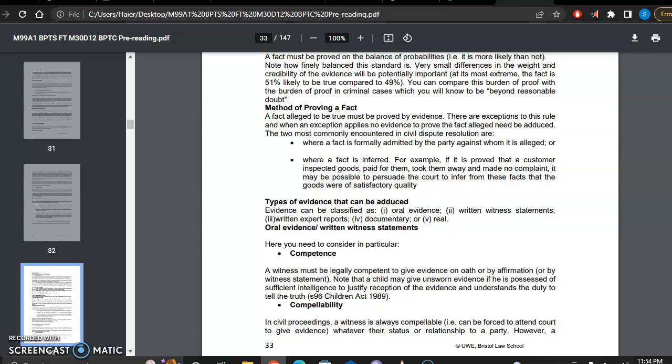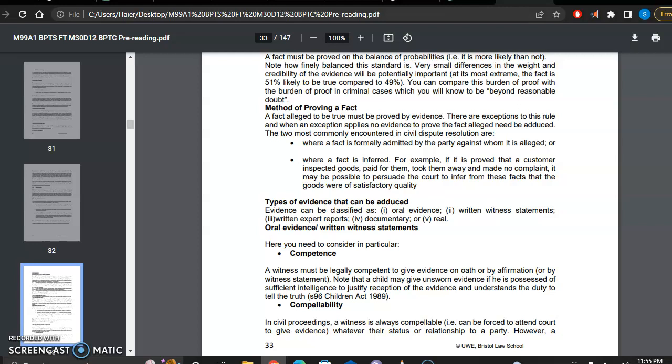Now there is the method of proving a fact. A fact alleged to be true must be proved by evidence. There are exceptions to this rule, and when an exception applies, no evidence needs to be adduced to prove the fact alleged. The two most commonly encountered in civil dispute resolution are where a fact is formally admitted by the party against whom it is alleged, or where the fact is inferred.